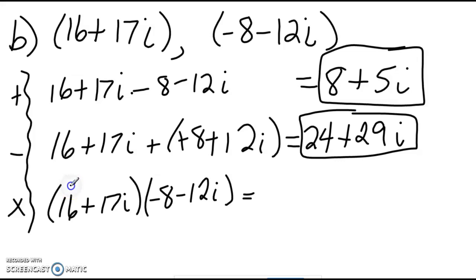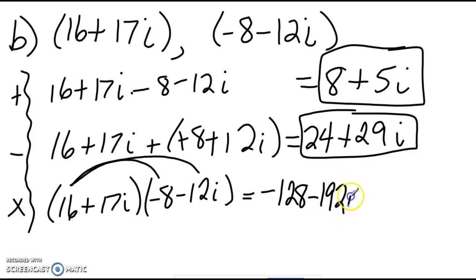Then Adia, walk me through the multiplying part. Okay. So what's 16 times a negative 8 again? Negative 128. Okay, and then 16 times negative 12i? Negative 192i. Anybody concur? And then 17i times negative 8? Good.